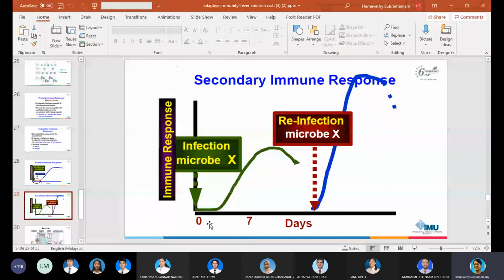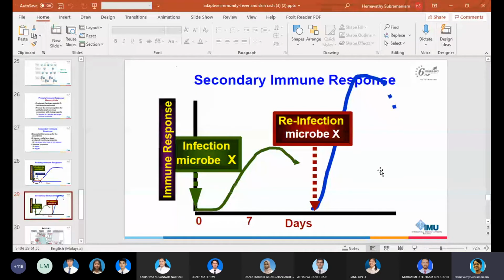Here, the surge of response is until this level. For reinfection, no lag phase simply means the immune response is faster. And the surge is bigger, rapid. So with this, it can perform more effective protection.